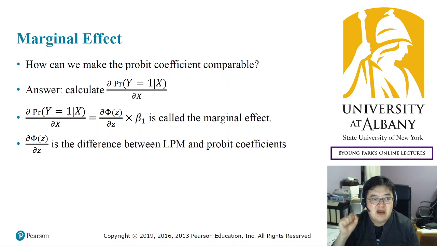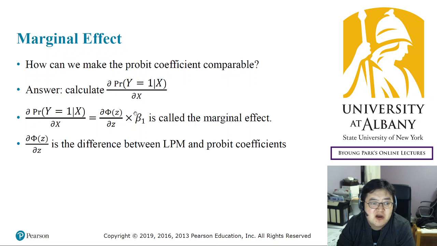So we want a substantial effect on something that exists, which is the probability. It is an interpretable object. And we know this derivative is calculated this way, and we obtained it earlier. And this is nonlinear, so you have to calculate this one. So this is the probit model coefficient.